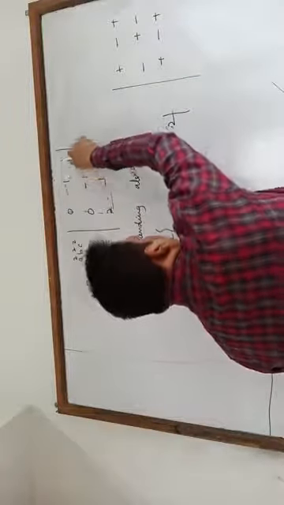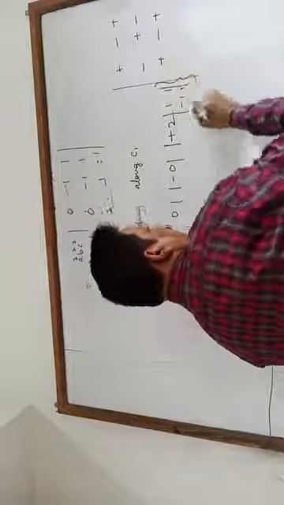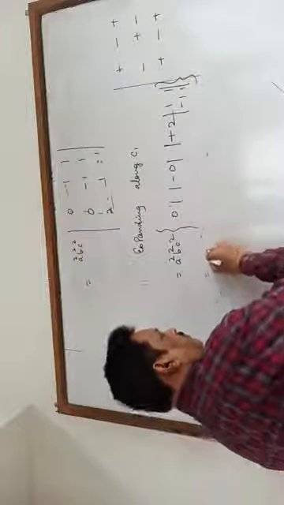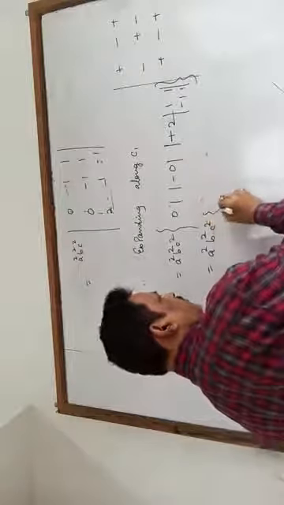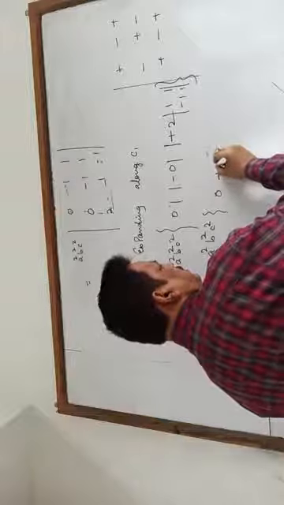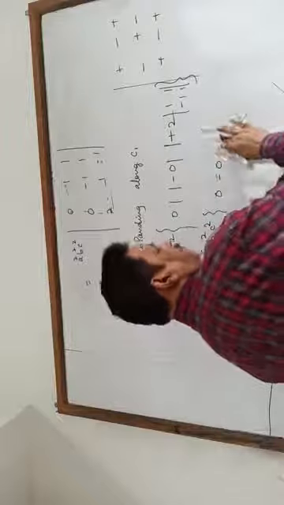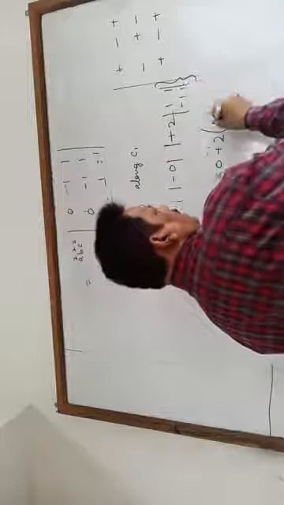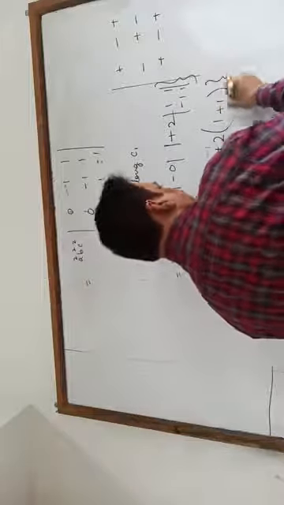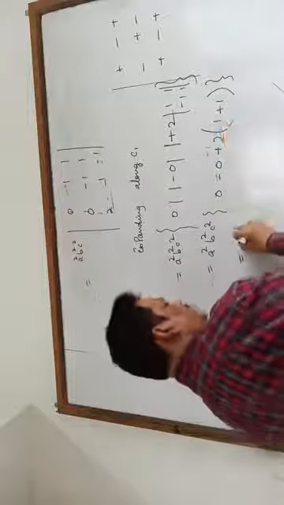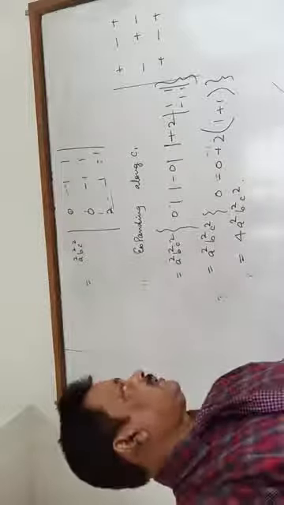What is left out? 1, 1; minus 1, 1. So that will give you a square, b square, c square, minus 0 plus 2 into (1 into 1 is 1, minus minus 1 will be plus 1). So that is 2 into 2, which is 4. This is how we will do it.